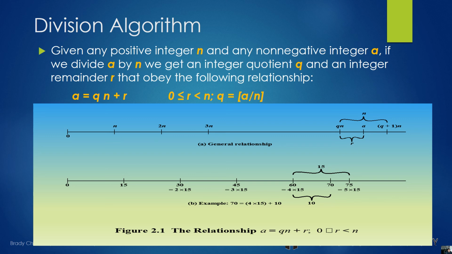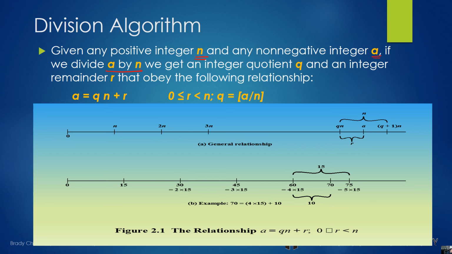Now let's talk a little bit more about division. Given n, a positive integer, and any non-negative integer a, so a could be positive or 0. Now if we divide a by n, keep in mind that n may not be able to divide a.